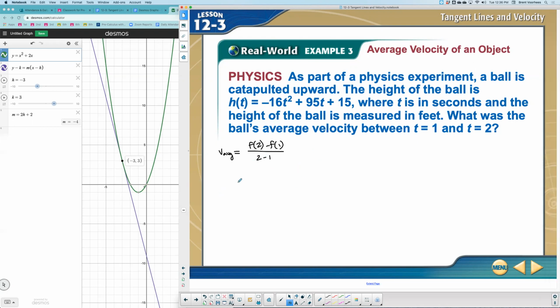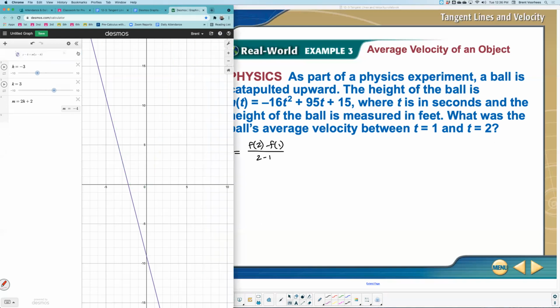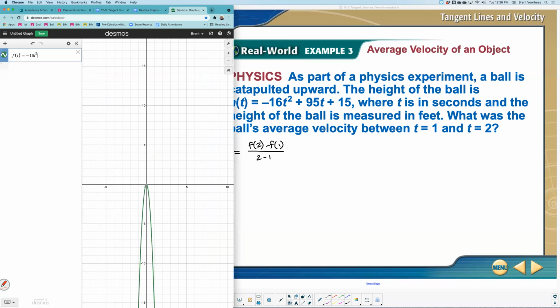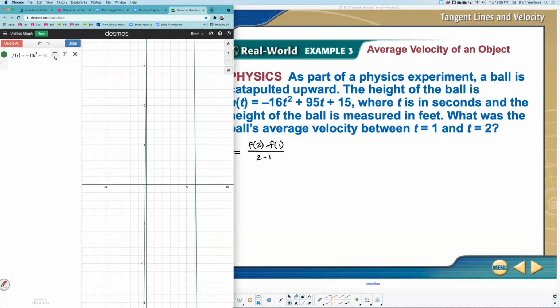So as I plug in these values, let's see, f of 2, I'm going to use the calculator just to help us out here, this time just for calculations, not trying to go through the whole picture. So the equation here is f of t equals -16t squared plus 95t plus 15. And I'm just going to get a table out real quick.